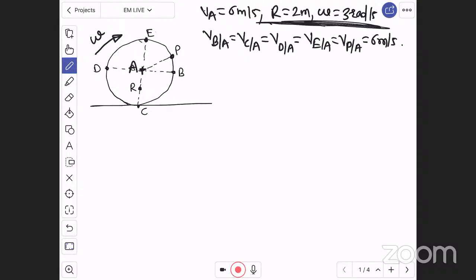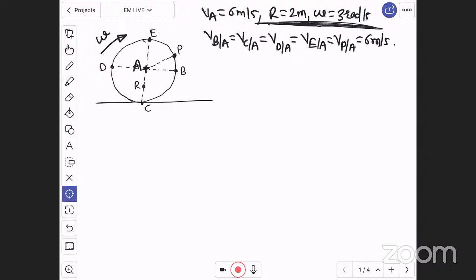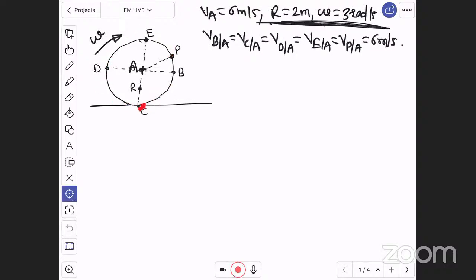That means we can conclude that each and every point on the circumference will have the same velocity with respect to the center. For the circumference, all the points are at the same distance from the center. Therefore, the respective component will be 6 meter per second on the circumference only.